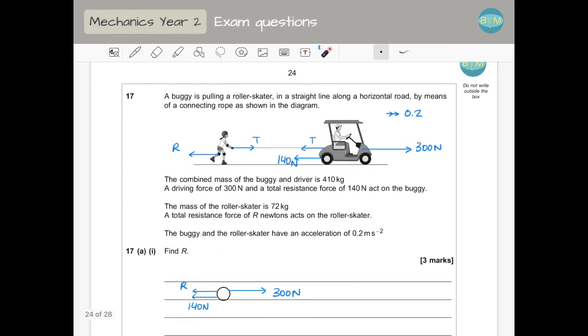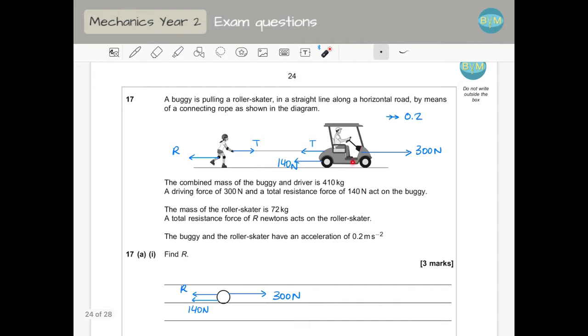It's like we collapse them together. So it's 410 kilograms from this one and 72 kilograms for this one. So our mass of this new particle is going to be 482 kilograms.